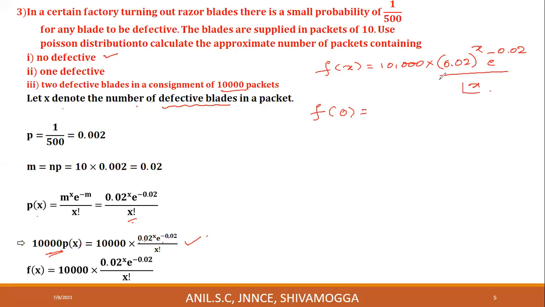And 1 factorial is 1. 0 factorial is also 1. Calculate.